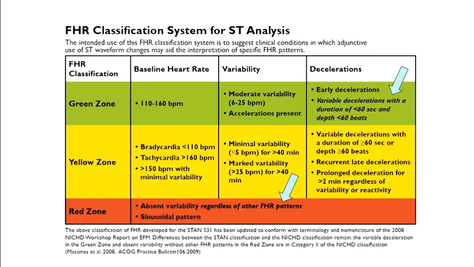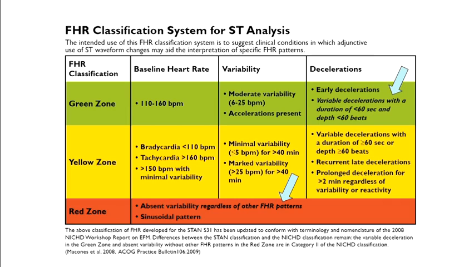But briefly, these 3 zones are very similar to category 1, category 2, and category 3 NICHD and ACOG criteria, except for two areas. Obviously, we could have used the category 1, 2, and 3. However, these categories came out after the STAN technology was approved by the FDA, and it was approved by the FDA based on these zones. So we have to use these zones rather than category 1, 2, and 3. And that's in the arm where we use the STAN.